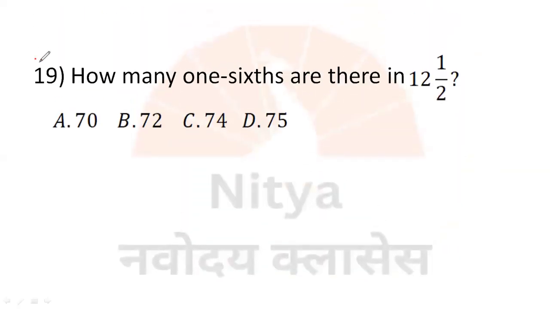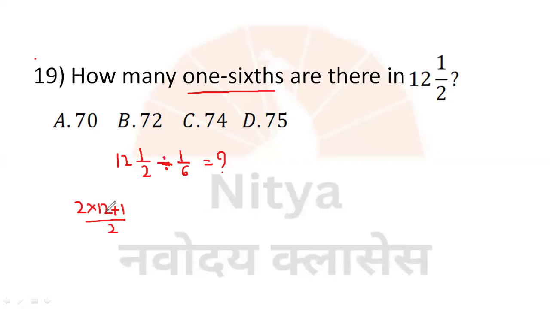How many 1/6 are there in 12 and 1 by 2? Okay, how many 1/6? When we divide, we get that number, no? So simply we know that 12 and 1 by 2 divided by 1/6. How many 1/6? We get the answer, yes, na? So first of all, this is a mixed fraction, so we have to convert it into an improper fraction.